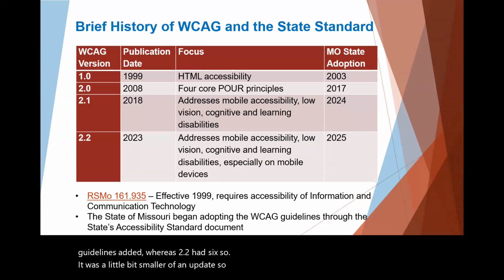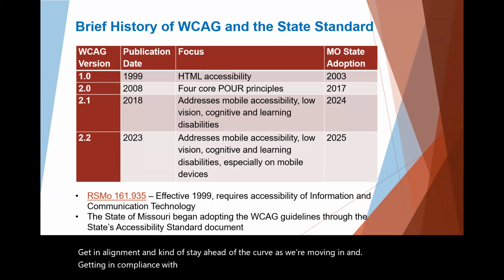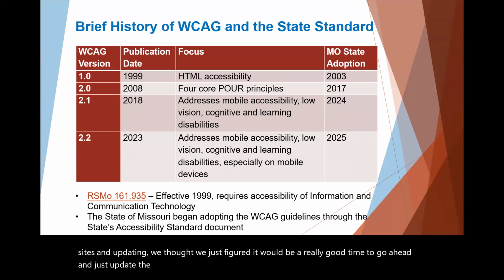We're trying to get in alignment and stay ahead of the curve as we're moving in and getting in compliance with WCAG 2.1. And with everybody looking at sites and updating, we figured it would be a really good time to update the state to 2.2 so that from here on out, we'll be following this guideline for a while.